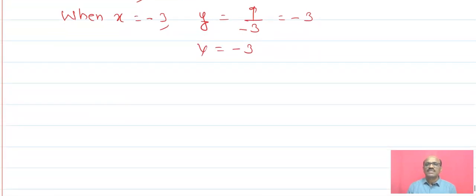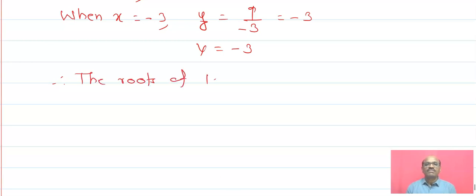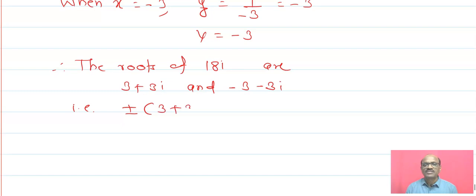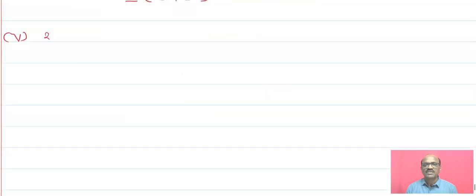Therefore the roots of 18i are 3 plus 3i and minus 3 minus 3i, that is plus or minus 3 plus 3i.